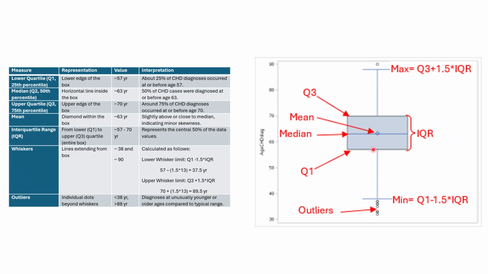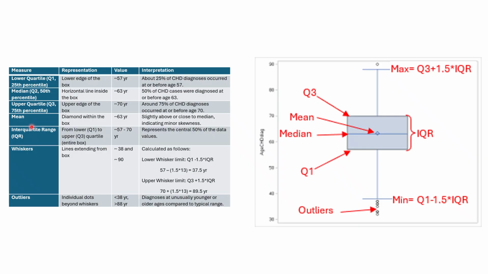Now the lower bound here, we also call it first quartile or Q1. It is set at 25th percentile, as we just saw in the SAS walkthrough, which is the lower quartile or the Q1 or the 25th percentile. All of them are the same, which is 57 years, which can be interpreted that about 25% of chronic heart disease diagnosis occurred at or below 57 years of age, right?